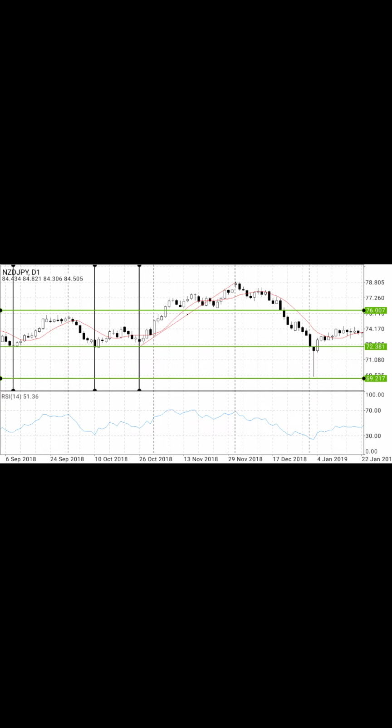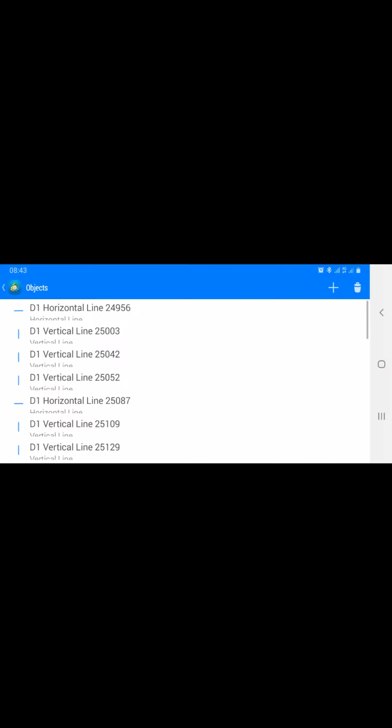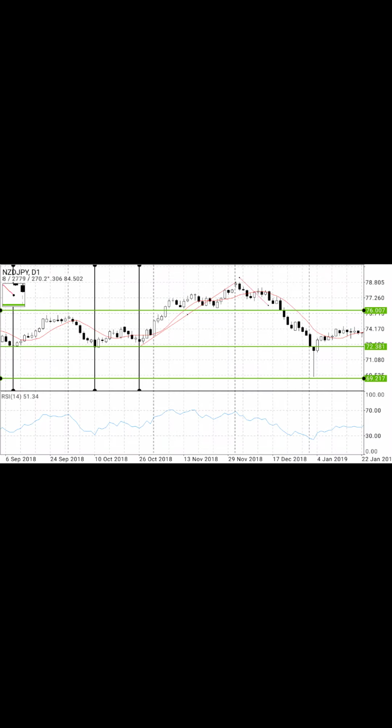So it broke through the previous support, not the current support. So breaking through the previous support, then it creates a new opportunity. It's an opportunity for very strong bearish.